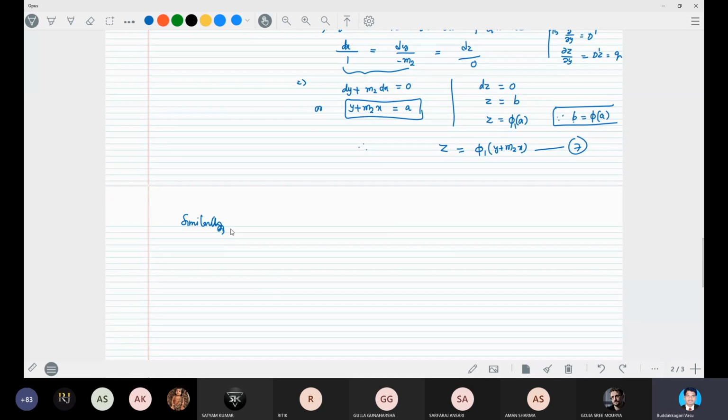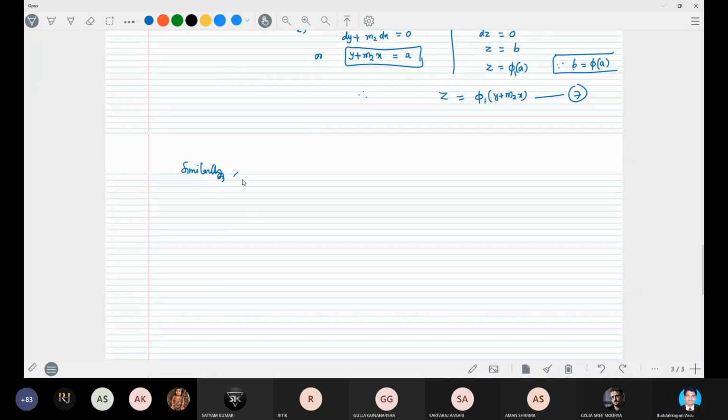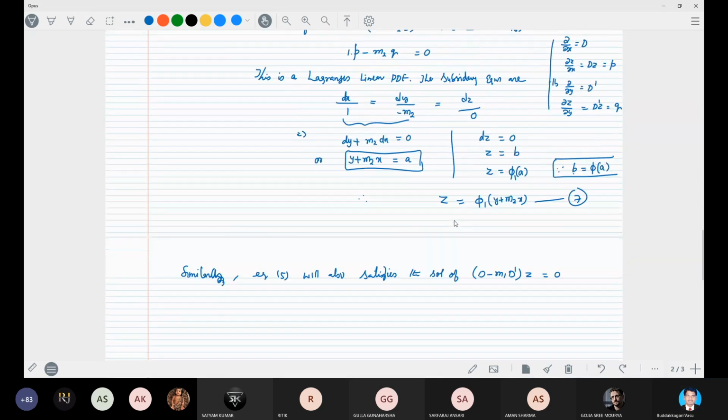Similarly, equation 5 will also satisfy the solution of (D − m1 D') z = 0, right?